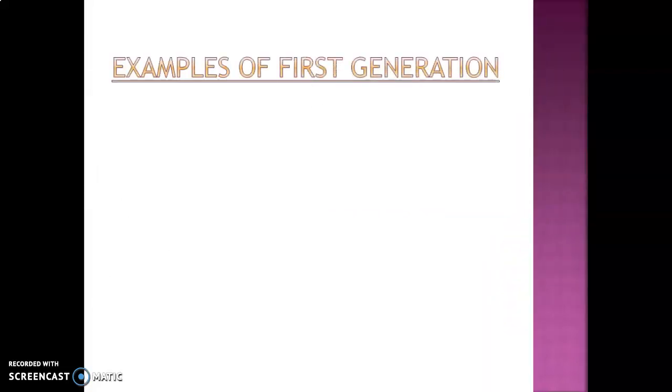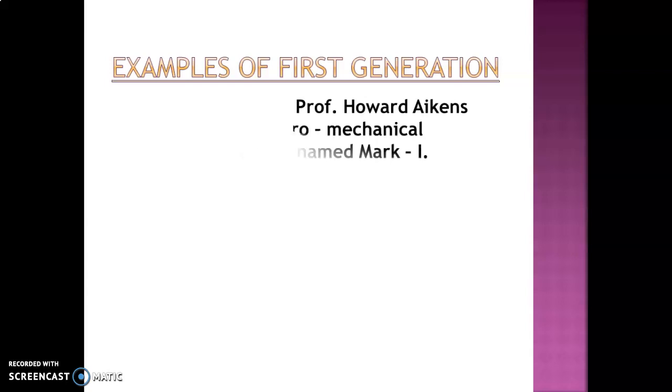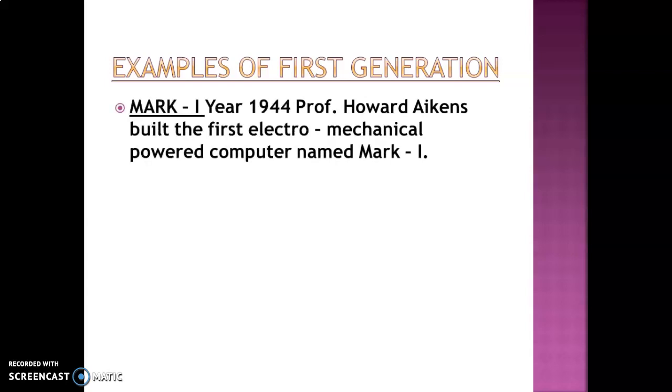Now the examples of first generation, like what all computers were used during the first generation. The first was Mark I. The first computer was Mark I and it was invented in the year 1944 by Professor Howard Aiken.